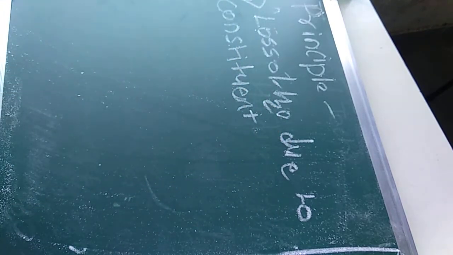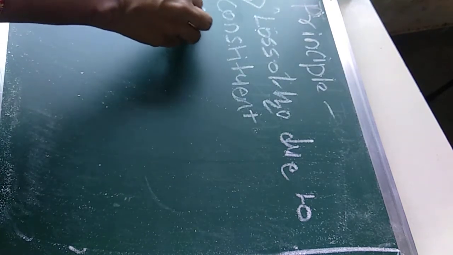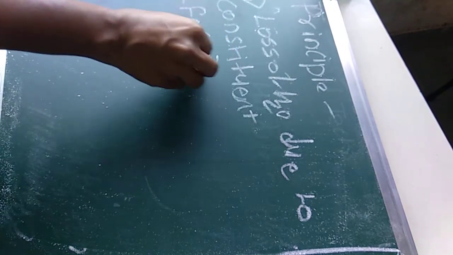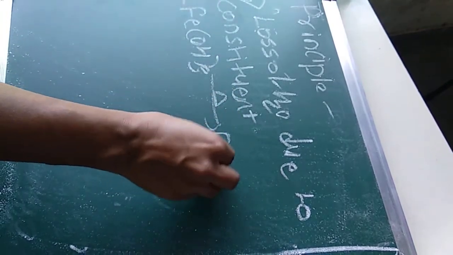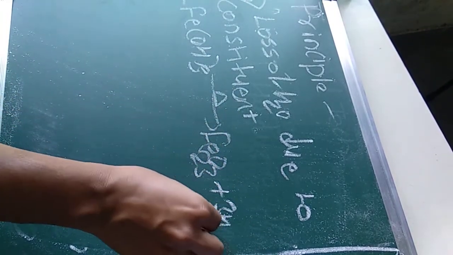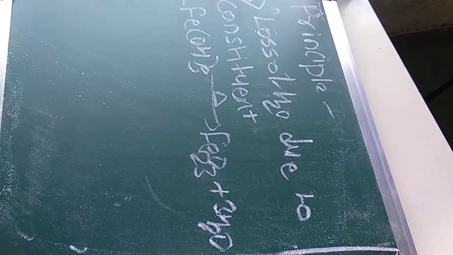The example for that is 2Fe(OH)3 heated, we get Fe2O3 plus 3H2O. This is the third example of loss of water due to the constituent. Thank you.